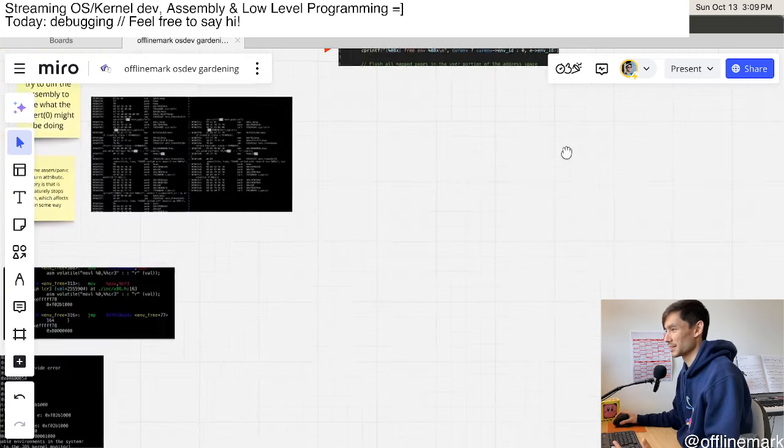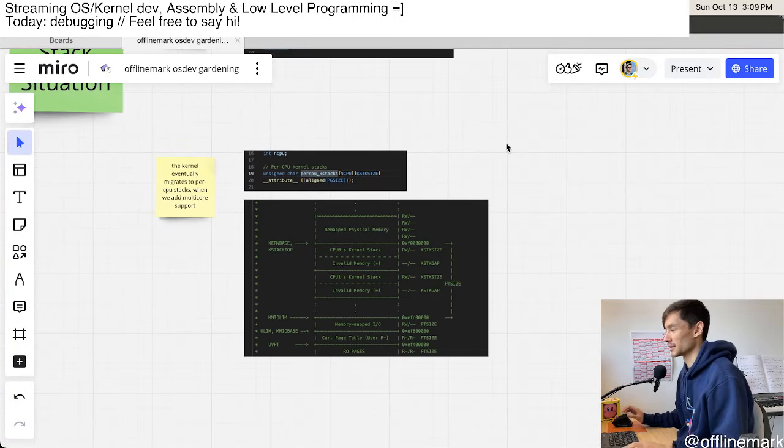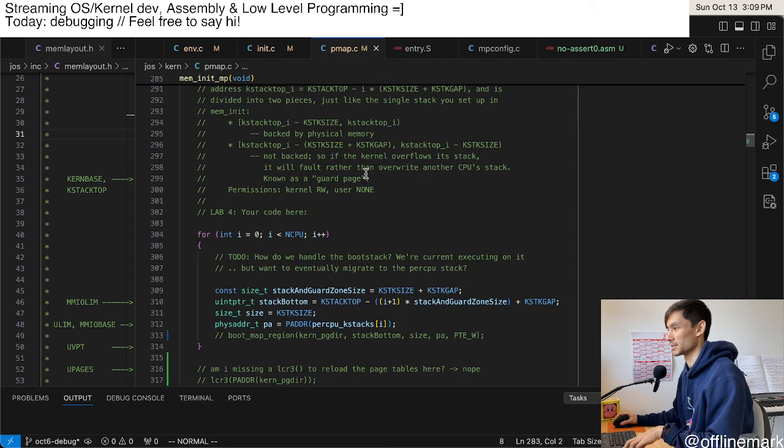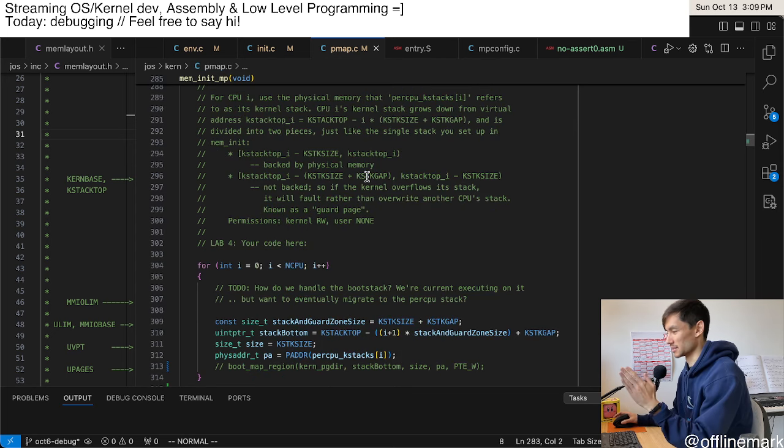And then we abruptly and harshly swapped the stacks and redirected the stack memory to be backed by completely different physical memory that's filled with zeros.